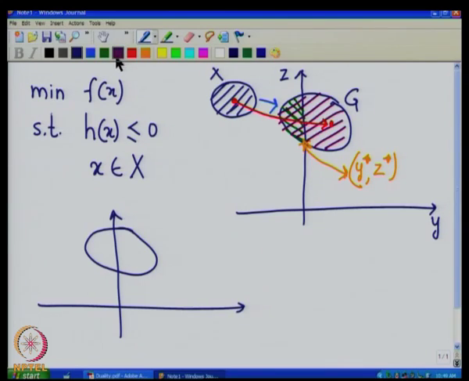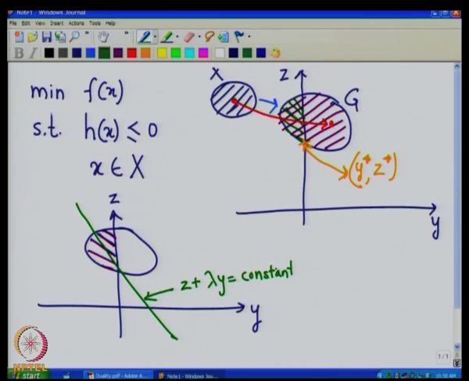So, we are interested in this part. So, z plus lambda y equal to constant is the equation of a line with slope minus lambda, and lambda is greater than or equal to 0. So, minus lambda will be less than or equal to 0. So, we could have a line, so this is the equation of a line z plus lambda y is equal to constant, where lambda is greater than or equal to 0.